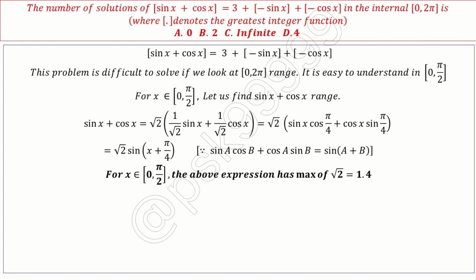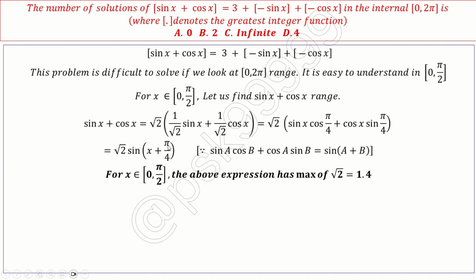Values above 1 are possible for many angles. If you consider the maximum root 2, for some more values also you will get 1 point something, 1.4. If x is pi by 4, you will get root 2.